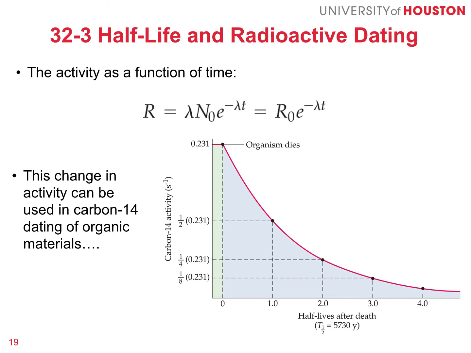So by measuring the amount of carbon-14 activity, we can determine how long the organism has been dead. This is referred to as carbon dating, and it is the main way that we have determined the age of fossils, such as dinosaurs, which we now know died millions and millions of years ago.